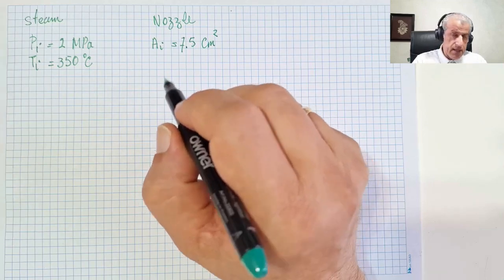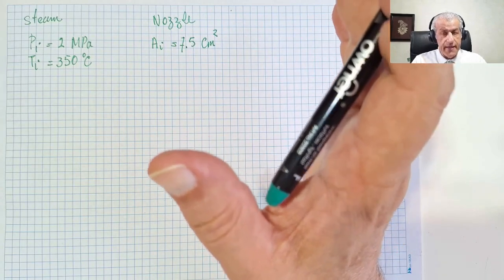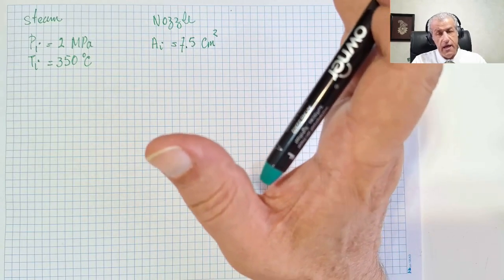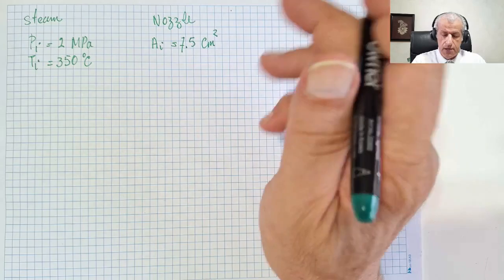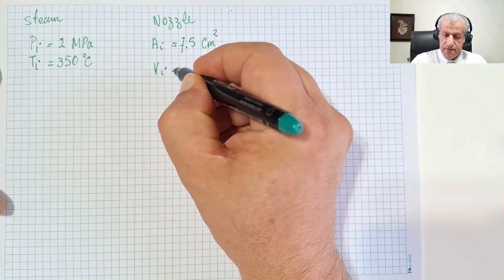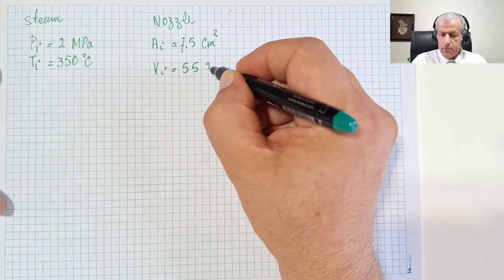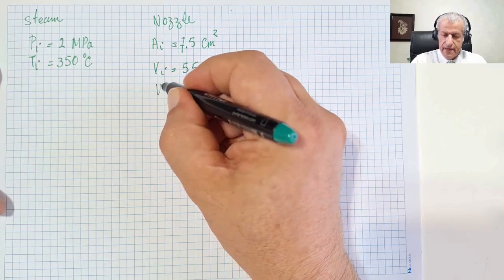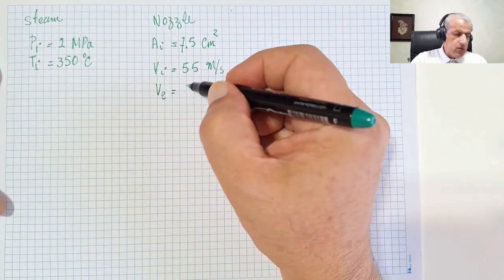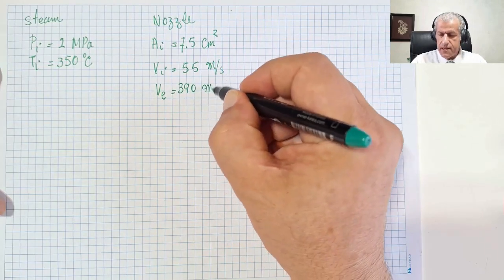A nozzle is the instrument that increases velocity and reduces pressure. So VI for this nozzle equals 55 meters per second, and VE equals 390 meters per second.